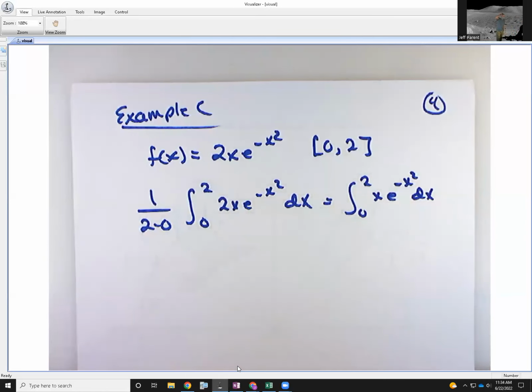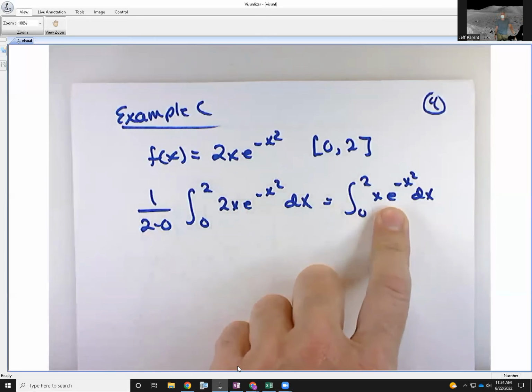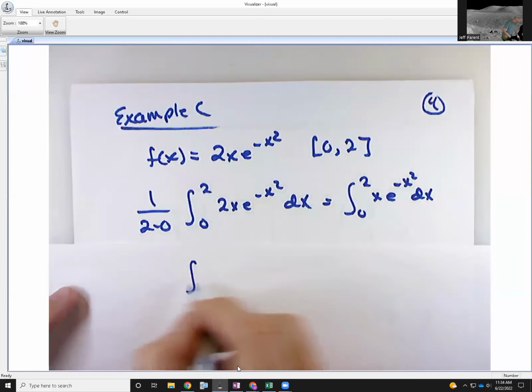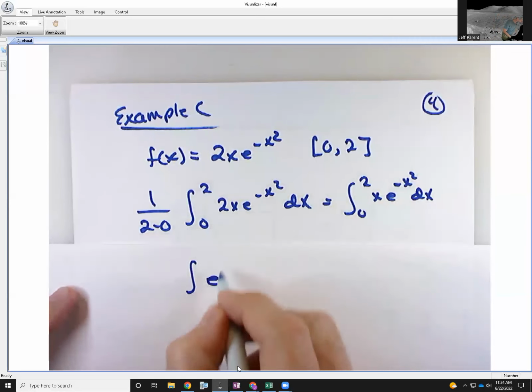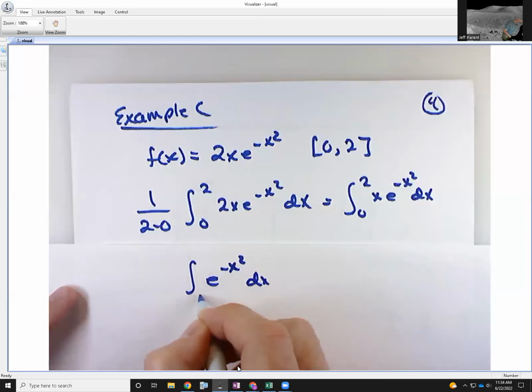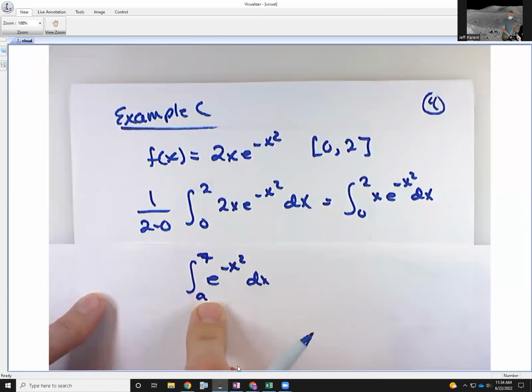Unfortunately for us, there's no product rule in integration. I can't take the integral of x times the integral of e to the negative x squared. In fact, coming up in section 7.7, one of the problems that you could run into is that if you're trying to find the integral of this, say, a to 7 or whatever, there's no antiderivative for this function.